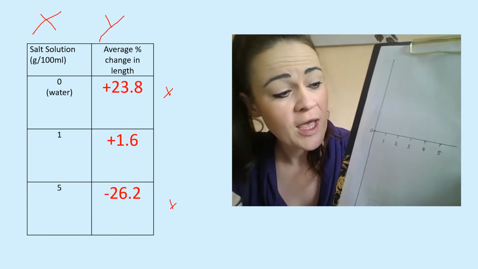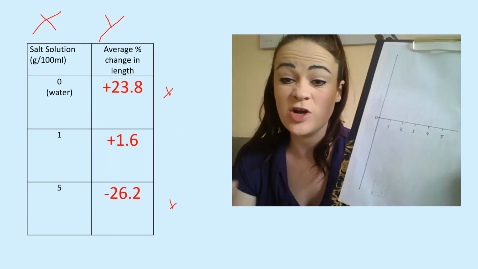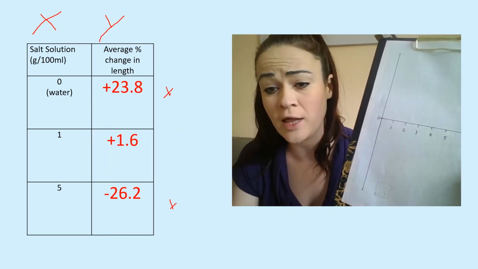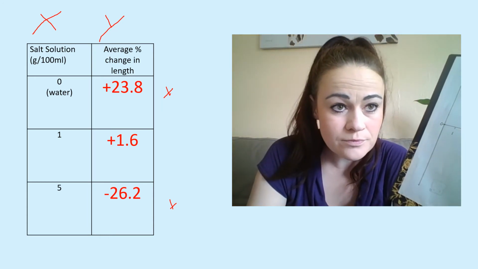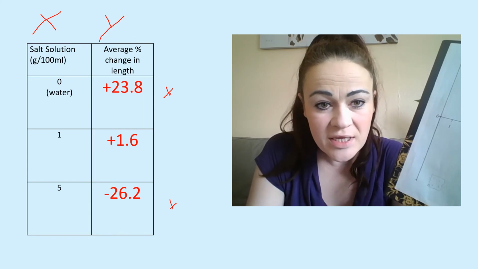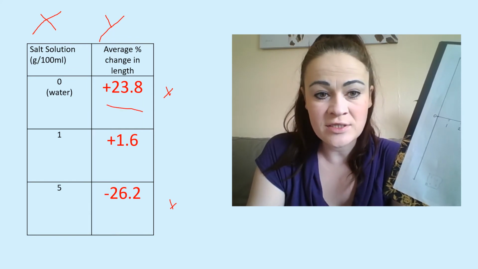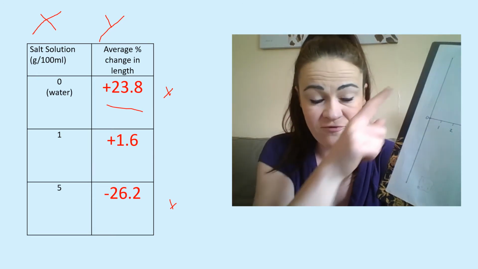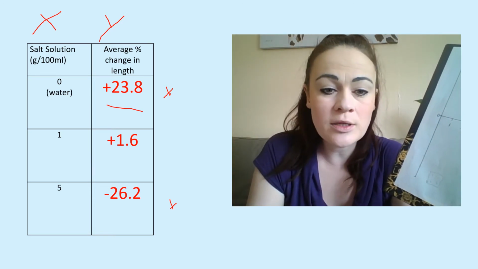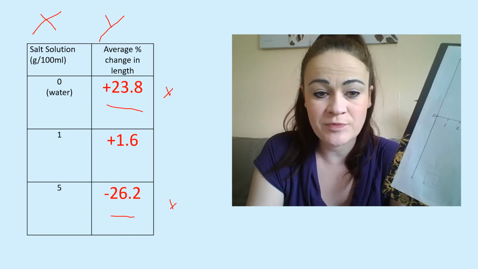Doesn't really matter. So I've got 13 big boxes. I'm actually going to go to 12, it's an even number. And if we look here, our biggest number is 23.8. So we'll make that like 24 in our heads for doing this. And our smallest number is negative 26.2.